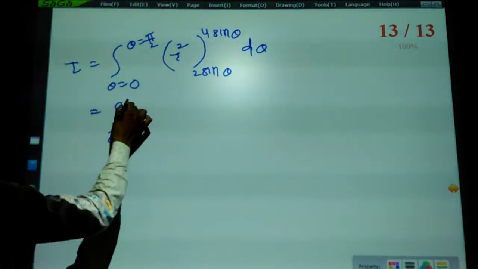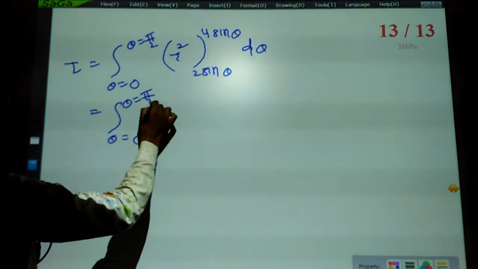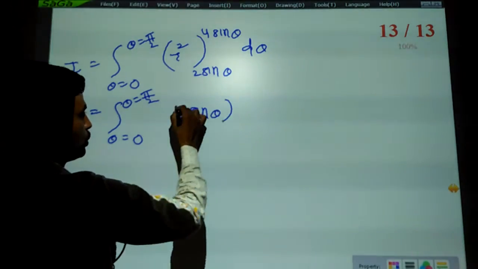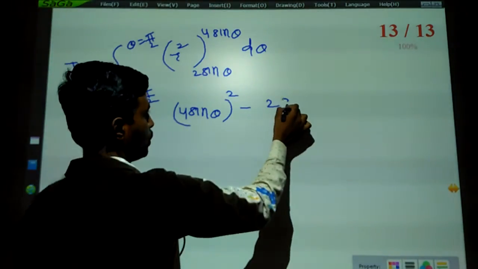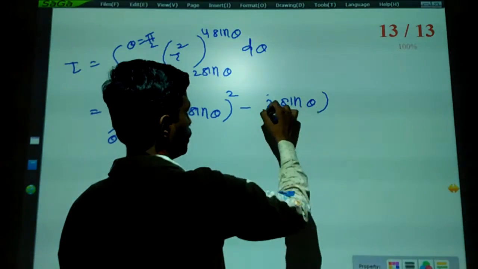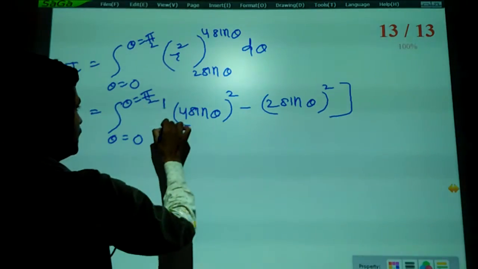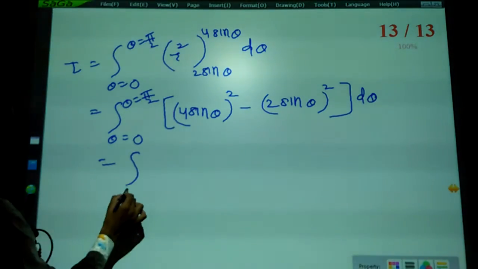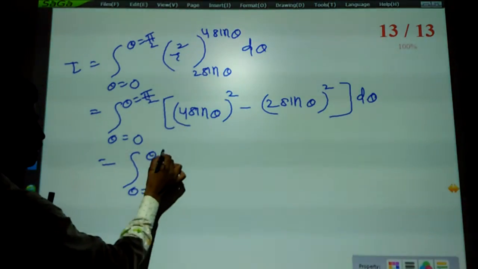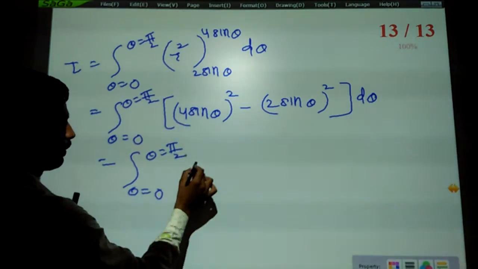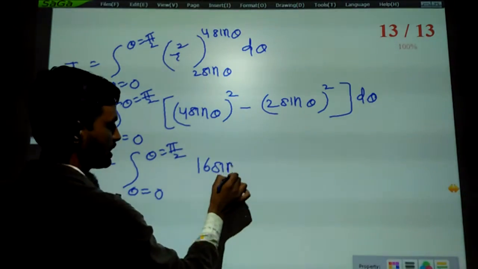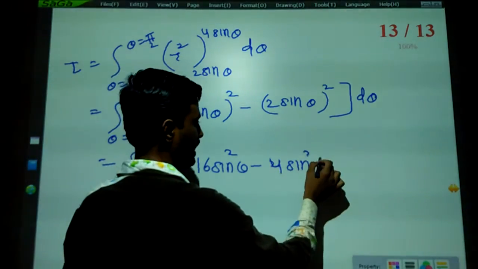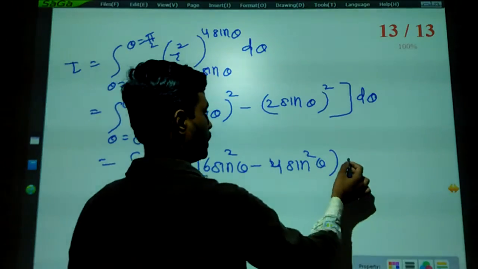Theta is equal to 0 to theta is equal to pi by 2, 4 sin theta to the power 2, 2 sin theta to the power 2 into d theta. So next simplify this. Theta from 0 to pi by 2, 16 sin square theta, 4 sin square theta into d theta.